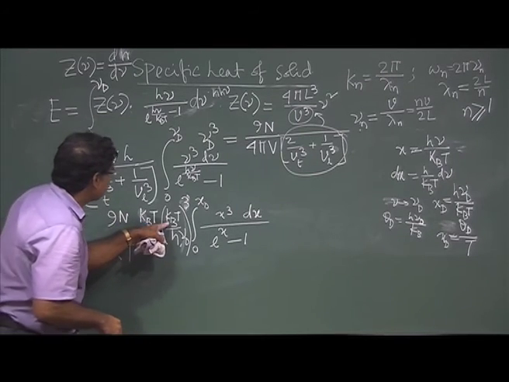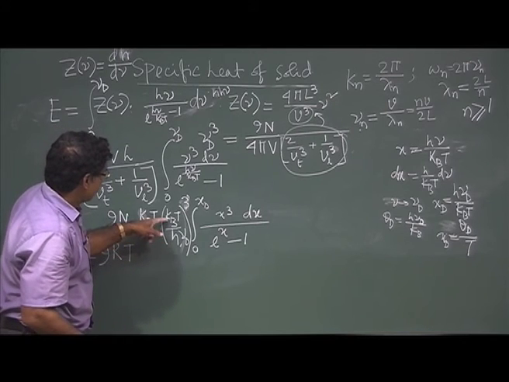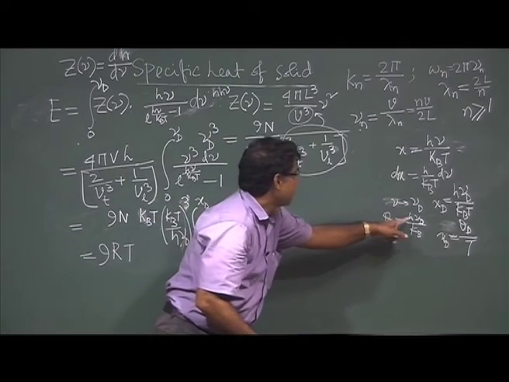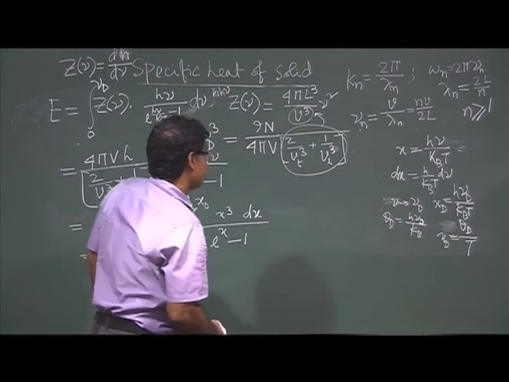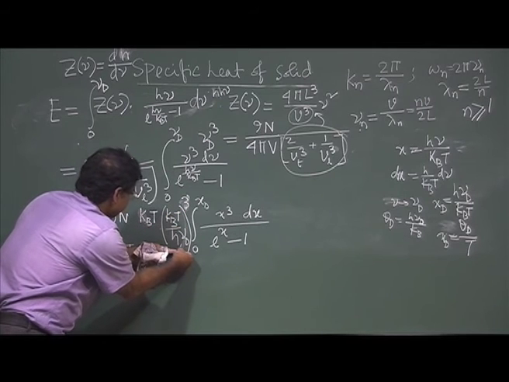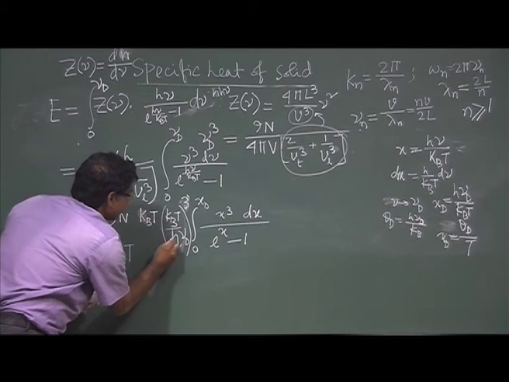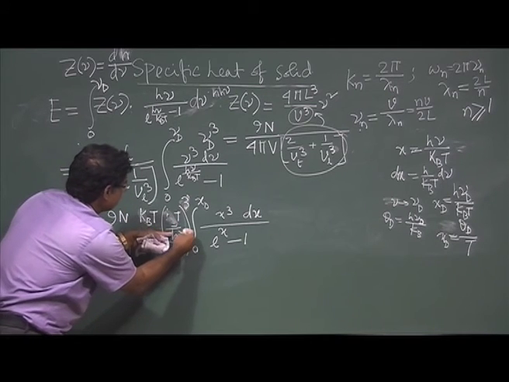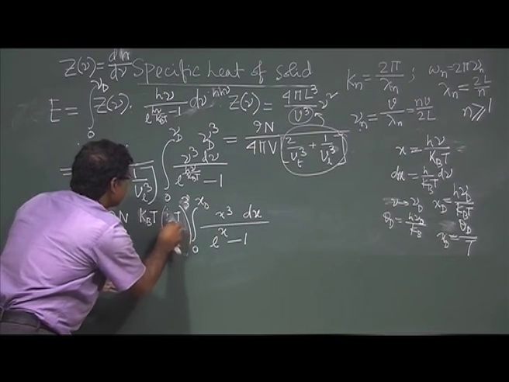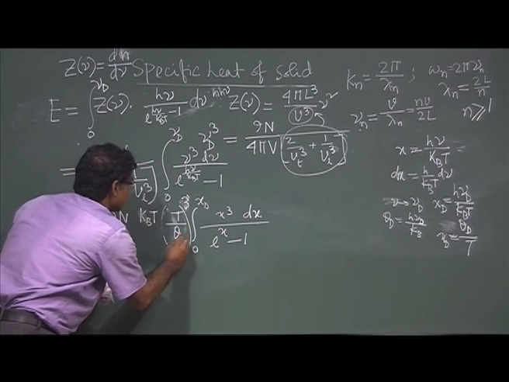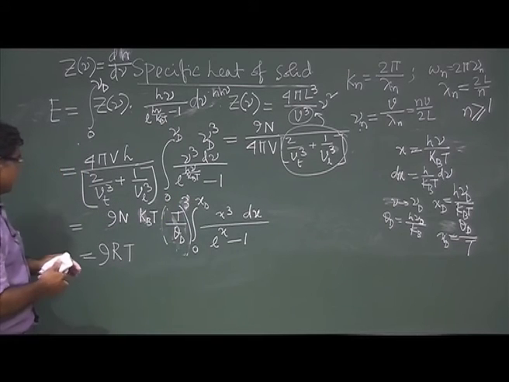And this I can write as I defined: h nu d by kb is theta d. So, this kb you take here, and this is theta d. So, this I can write as t by theta d cube, okay.